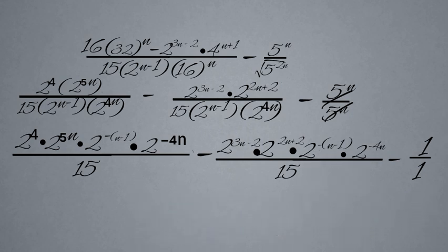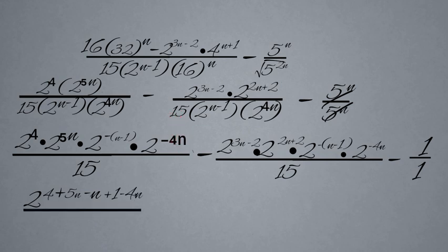I'll pick one of 2 in each of the equation, which will now be 2 to the power of 4 plus 5n minus n will give you minus n. Write it down. Minus times minus 1 will give you plus 1, right? Then minus 4n. So I've picked up all those there we have.